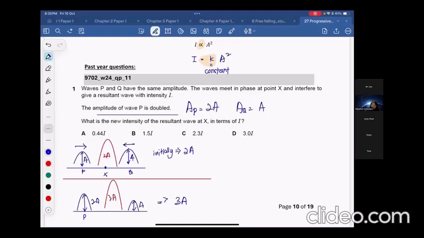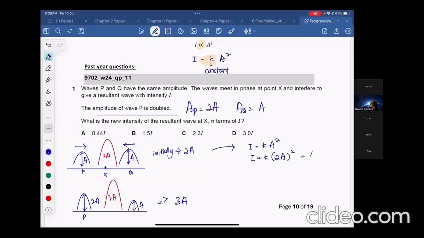Now how do we solve the question? For those of you who haven't learned how they meet up and why we add them together, this will be in the next chapter, superposition. They meet up, then they add together. What is the new intensity? The intensity is KA square. So the original: I equals K, our amplitude becomes 2A squared, right?